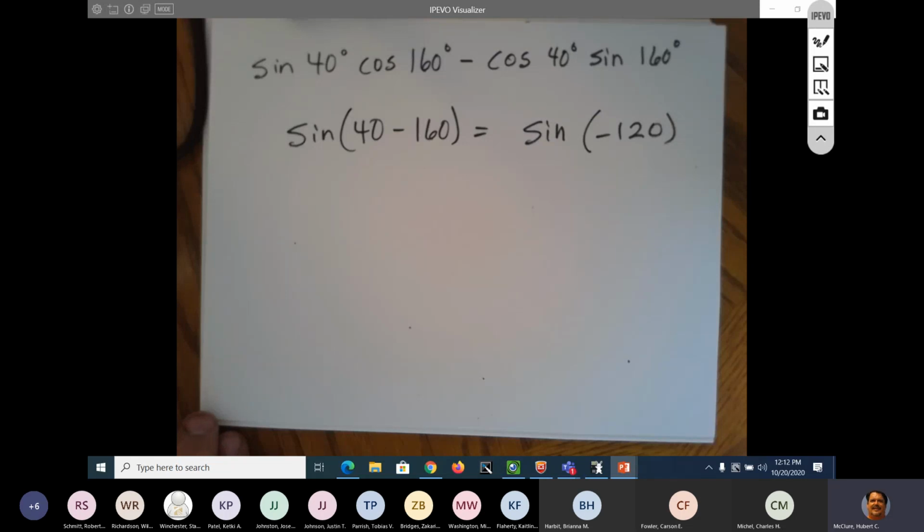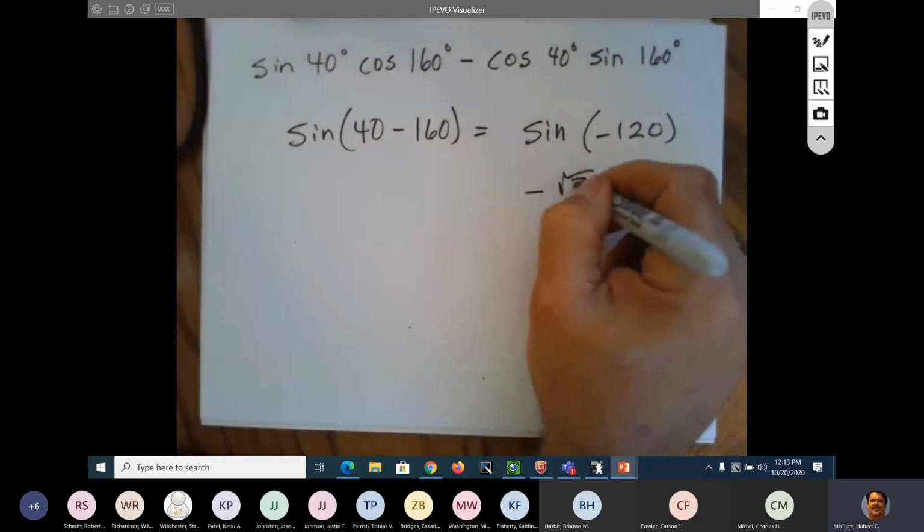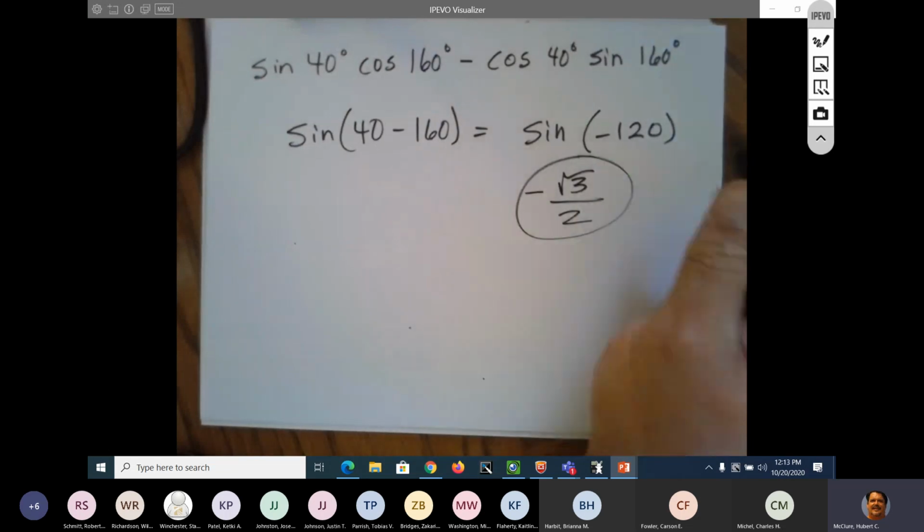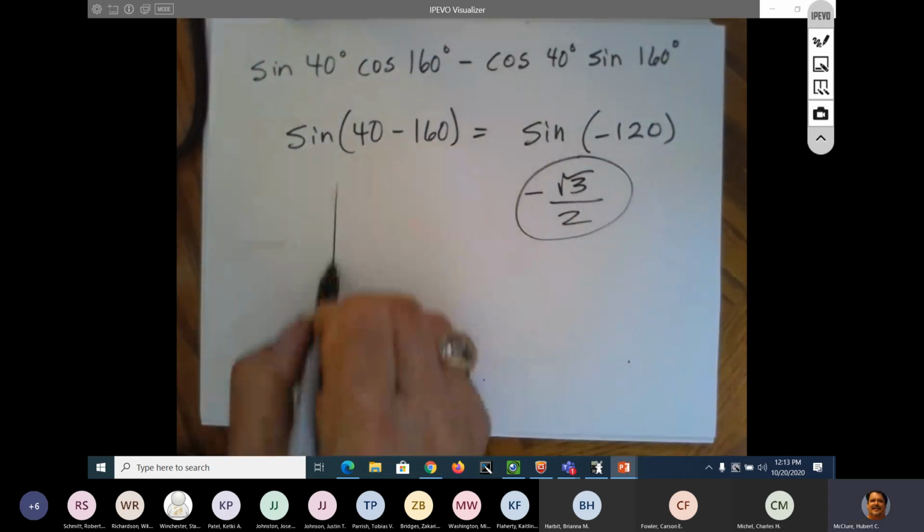Well, the sine of negative 120, what is 120? Well, that's 90 plus 30, isn't it? Yep, that's what it is, Hubert. Thank you, class. So that's going to be negative square root of 3 over 2. Where is negative 120?